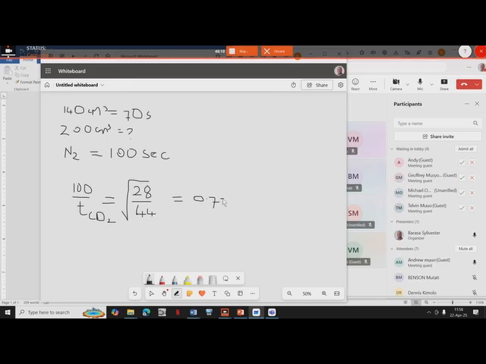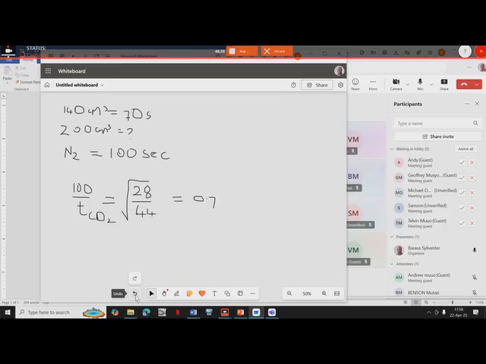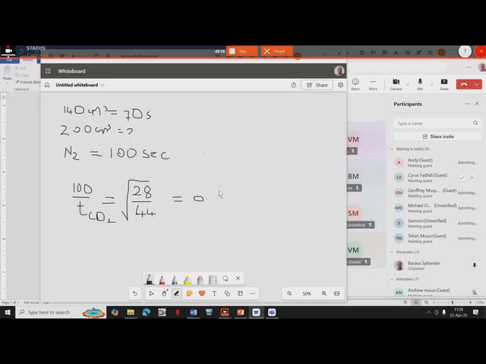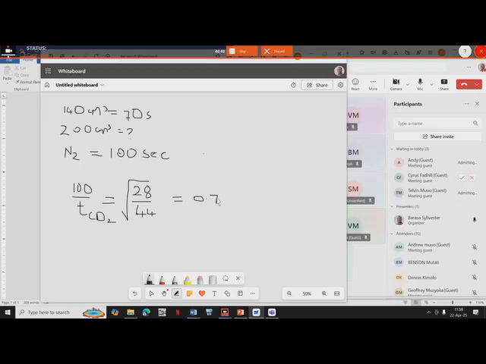You have squared already. Oh, 0.7977. So 0.7977 like this. Sorry, I'm writing using a mouse here. It is a bit tricky. So 0.7977.